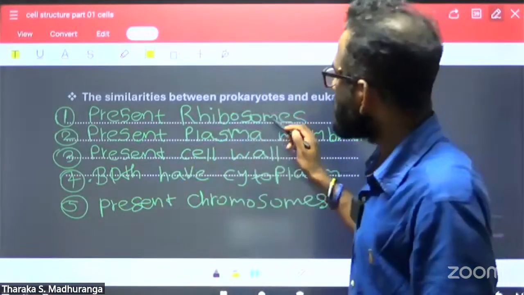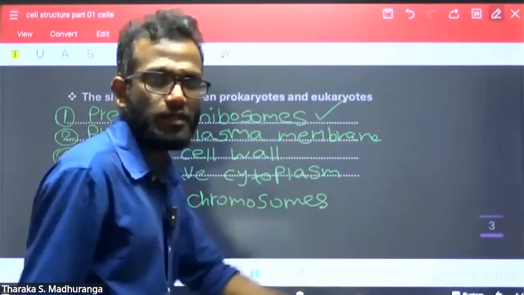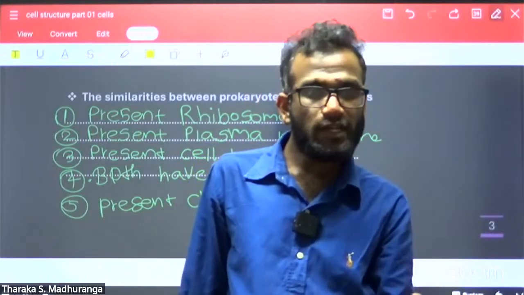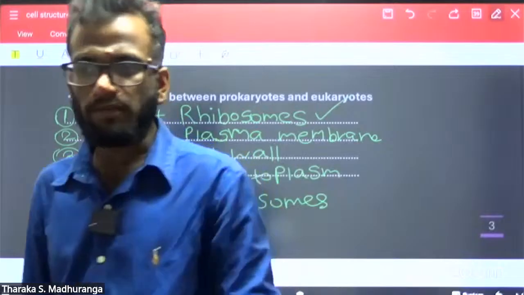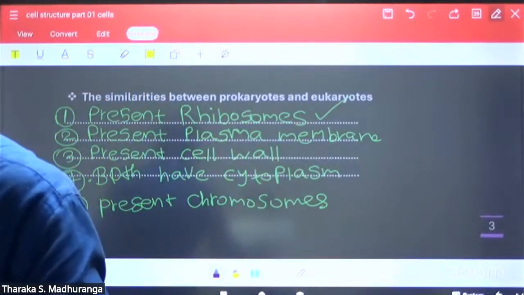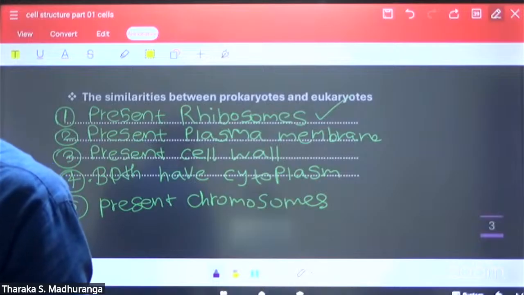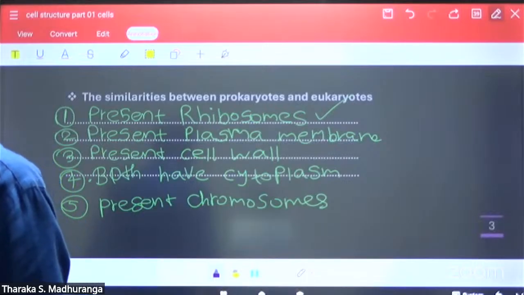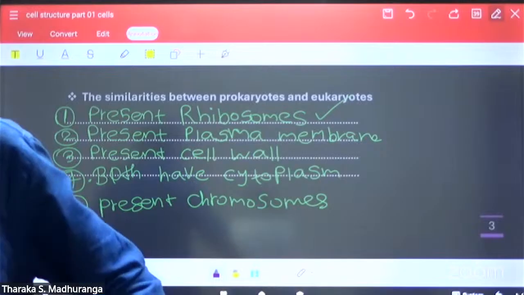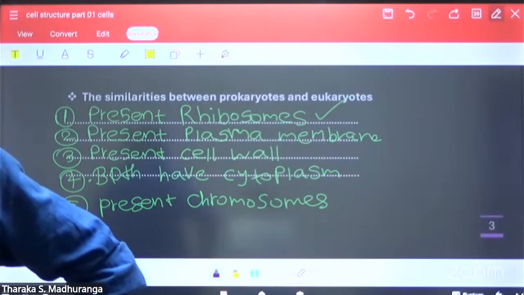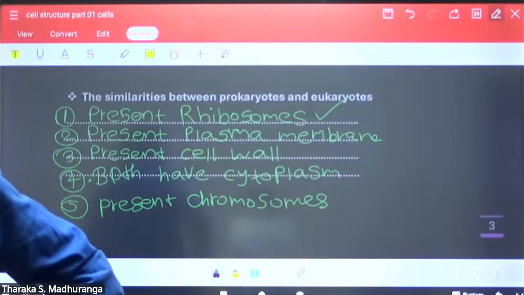In similarity, present ribosome is correct. In differences, you can write prokaryotic has 70S ribosome, eukaryotic has complex 80S ribosome. Now that's the meaning of chromosomes: the DNA is present inside the chromosome, which means both have DNA.